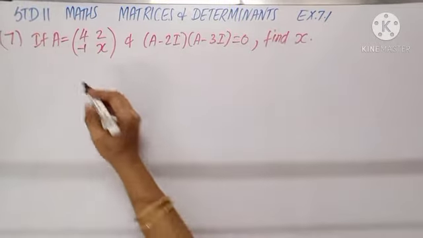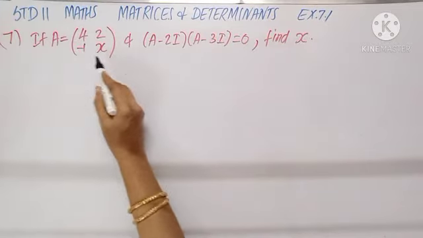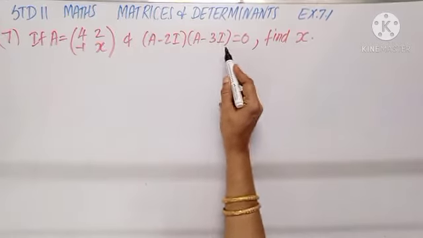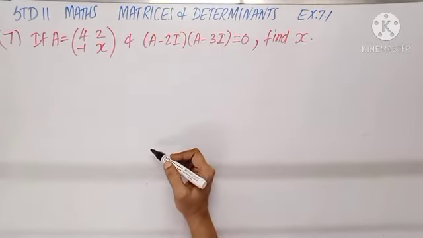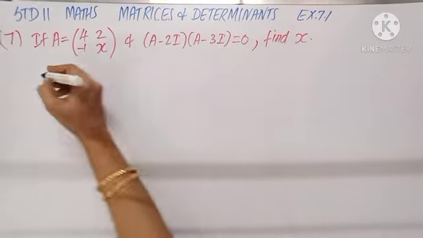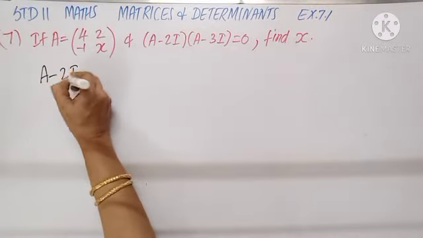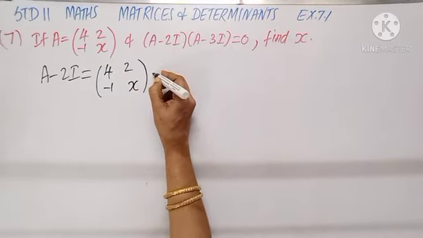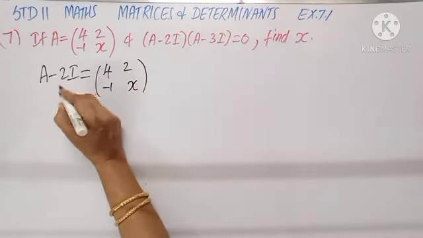Question number 7. If A equals [4 1; minus 1 x] and A minus 2I into A minus 3I equals 0, find x. A minus 2I. A value is [4 1; minus 1 x]. What is minus 2I?